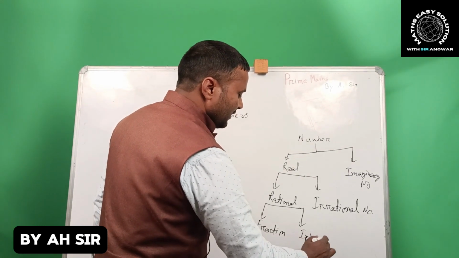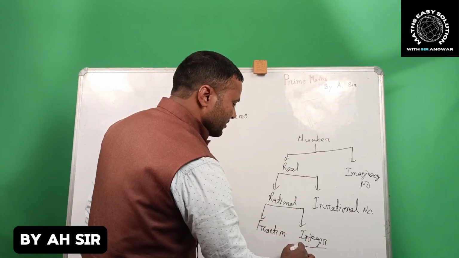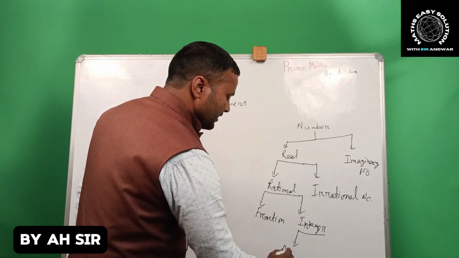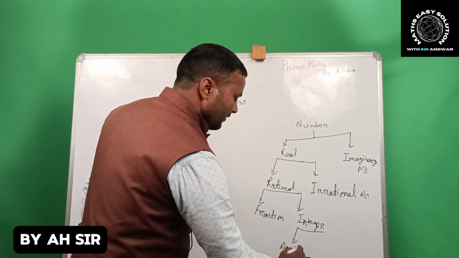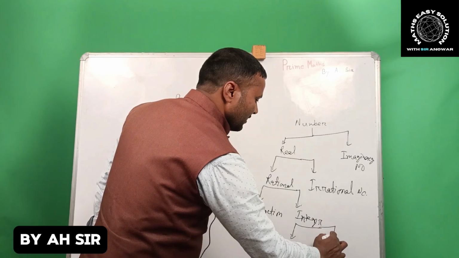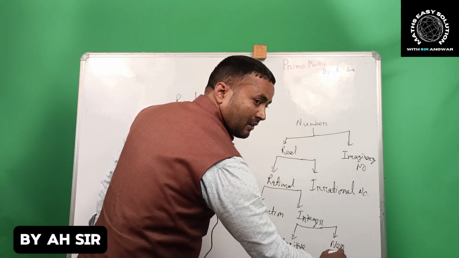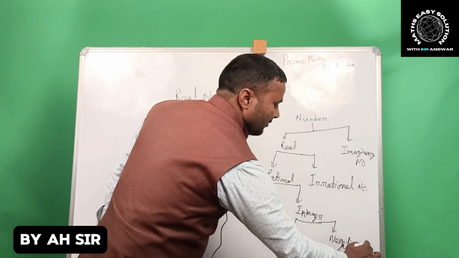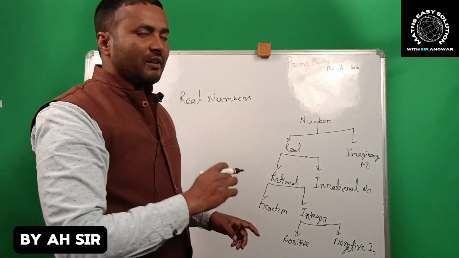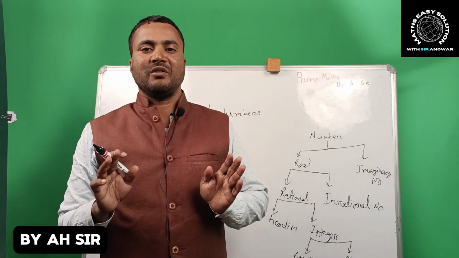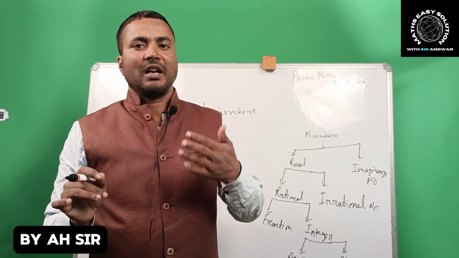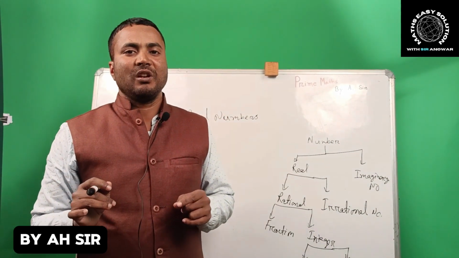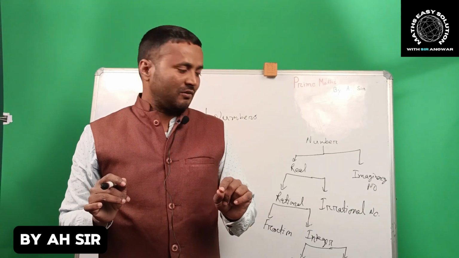Integers are of two types: positive integer and negative integer. For positive integers we can say there are three types of definition: natural number, counting number, and whole number, which includes 0.